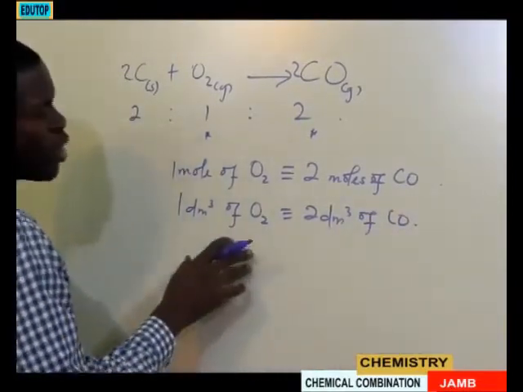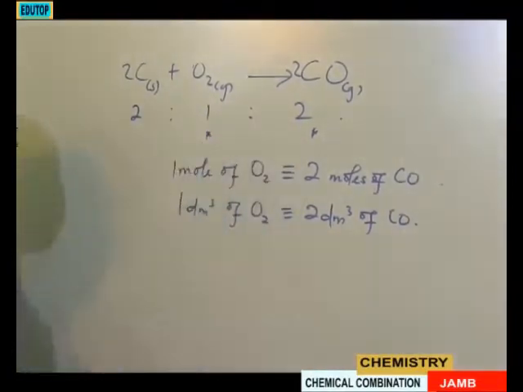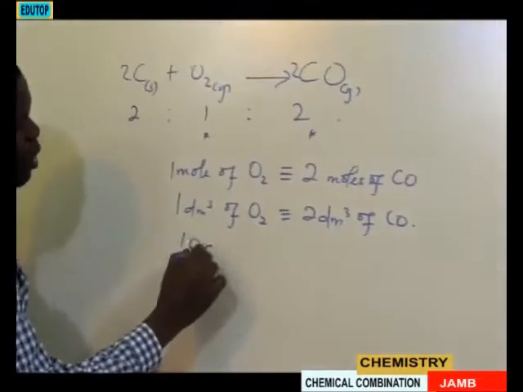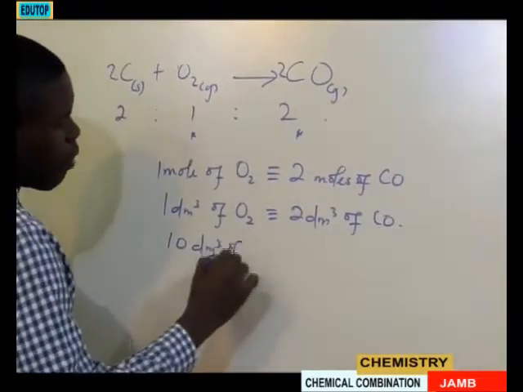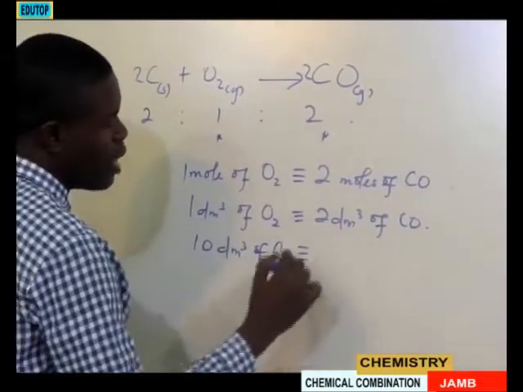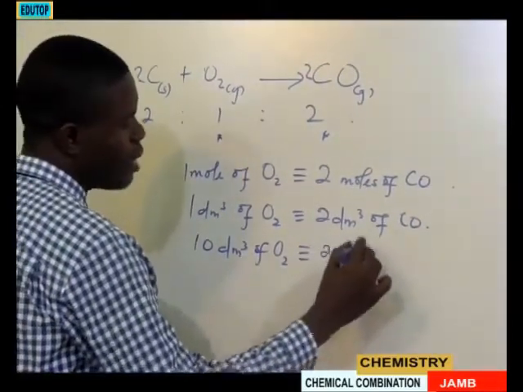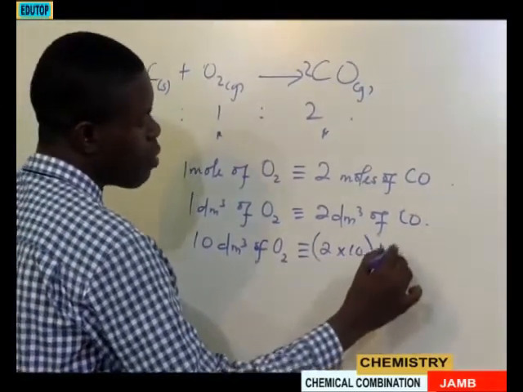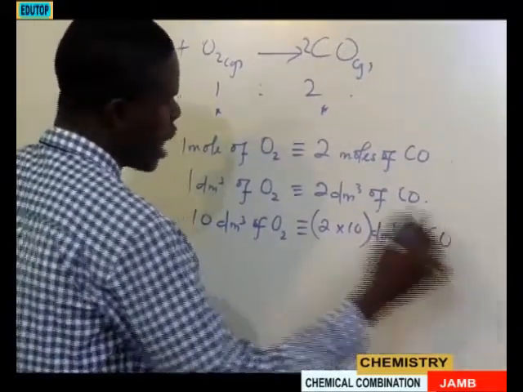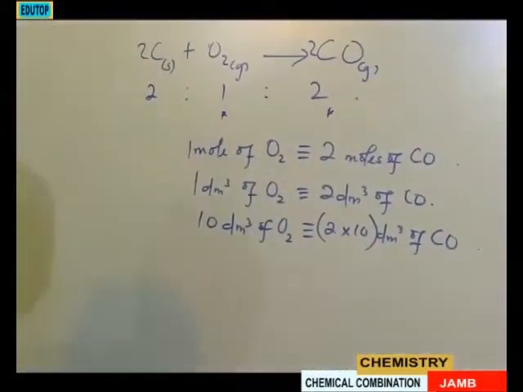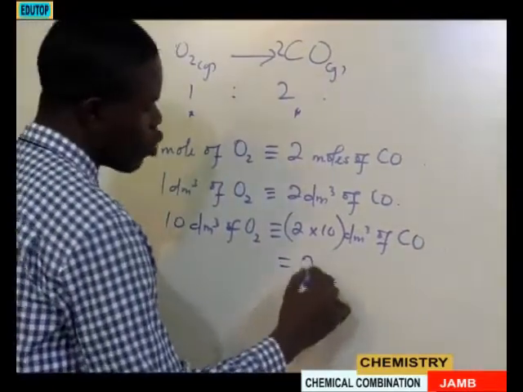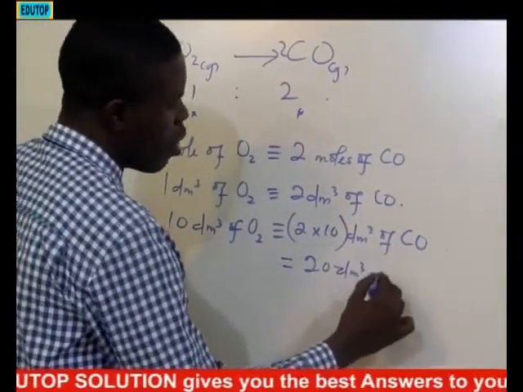I'm basing this on their mole ratio. Now, if we have 10 dm³ of oxygen, it will be equivalent to 2 times 10 dm³ of CO₂. That's by their mole ratio. Then at the end, we're going to have 20 dm³ of CO₂.